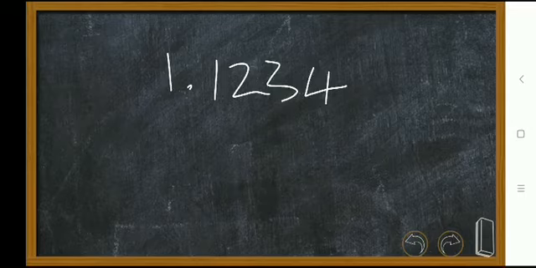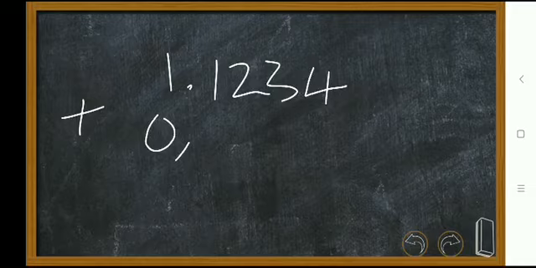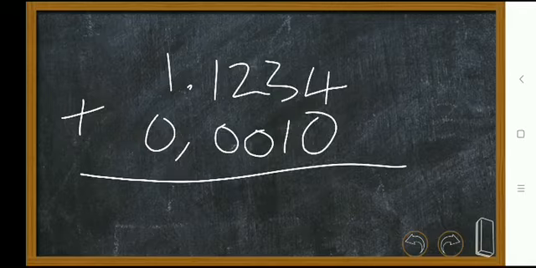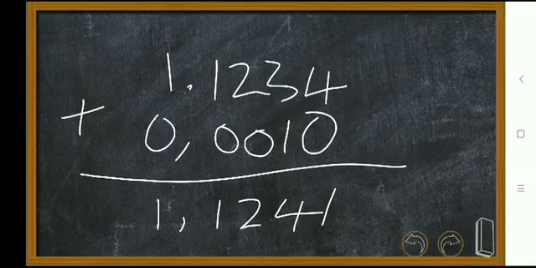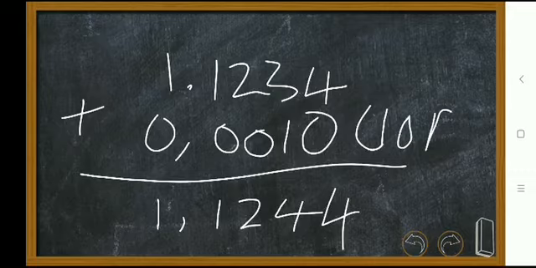What you will do is add 0.010. It will give you something like this. This is 10 pips, guys. This is 10 pips.